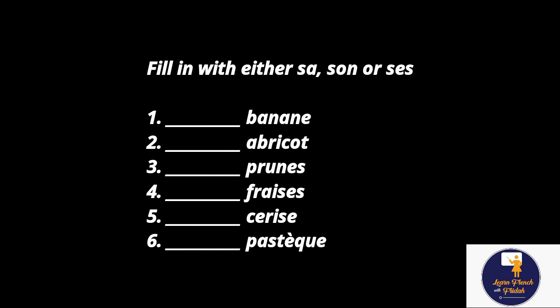Prune are plums. Fraise are strawberries. Cerise is a cherry. And pastèque is a watermelon. So write either sa, son, or ses on those dashes.